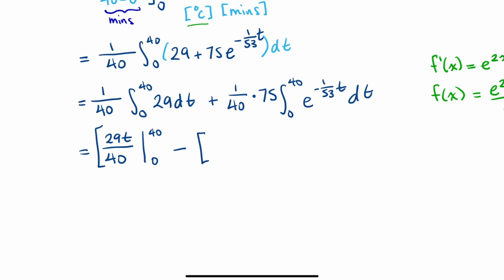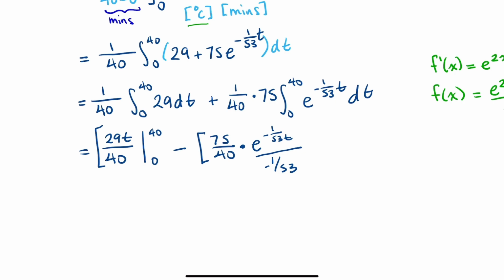so 75 divided by 40. So I'll just have e to the negative 1 over 53t divided by the derivative of the inside, which would just be negative 1 over 53. However, this is the same thing as saying multiplied by negative 53.